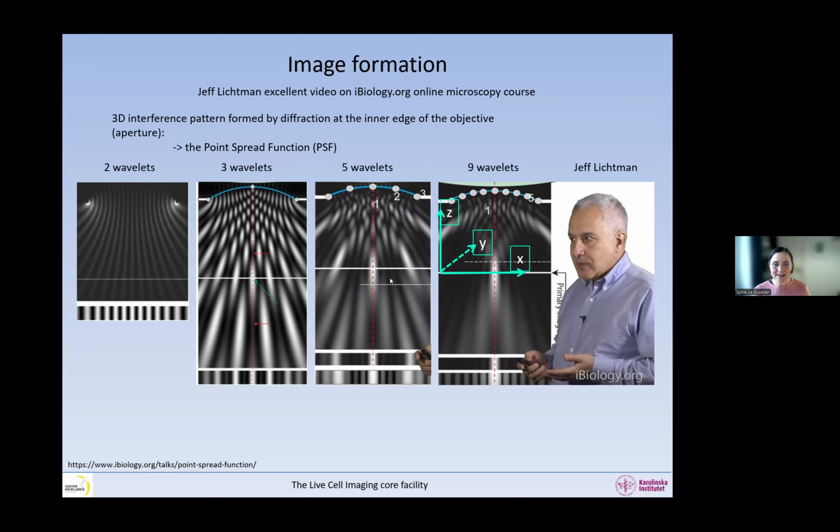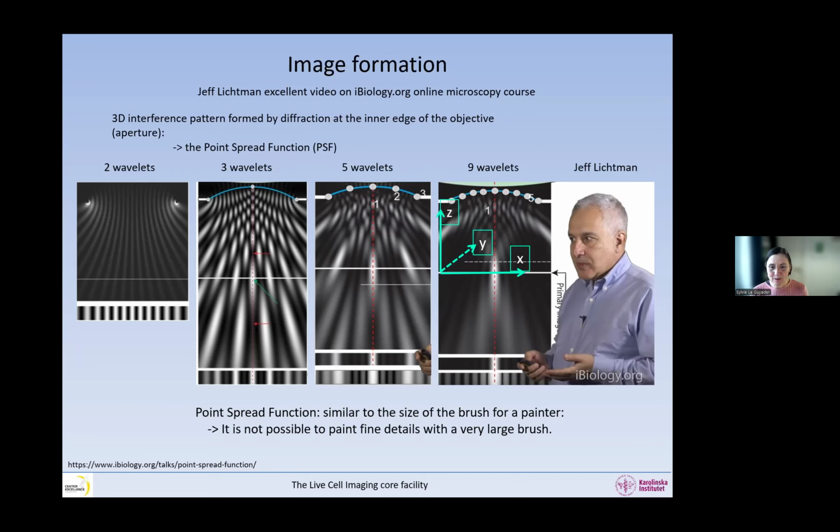We get this very interesting and artistic diffraction and interference pattern. And then when we have more and more wavelets, we end up having one big, elongated blob in the center. And that is the image that each fluorophore forms. It's the point spread function. So we have seen that already.